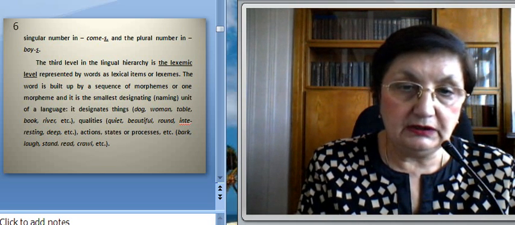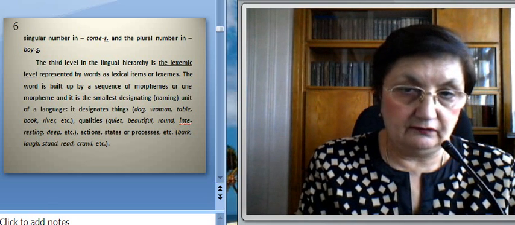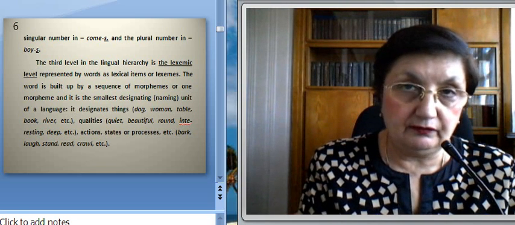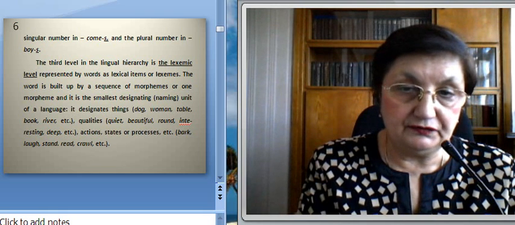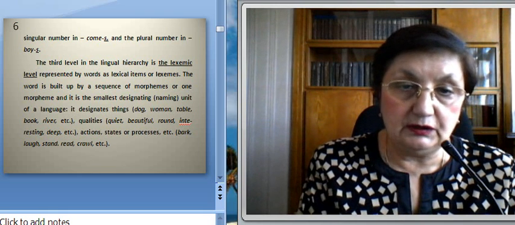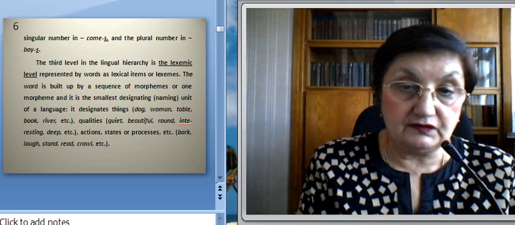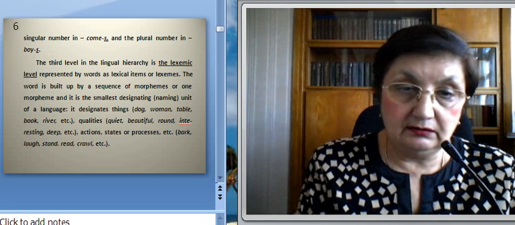It designates things, for instance, dog, woman, table, book, river, etc. Qualities, for instance, quiet, beautiful, round, interesting, deep, etc. And actions, states, or processes, as, for instance, in the words bark, laugh, stand, read, crawl, and so on.